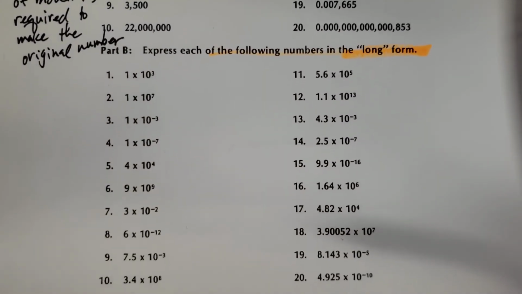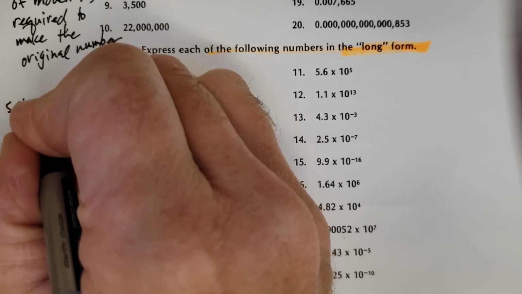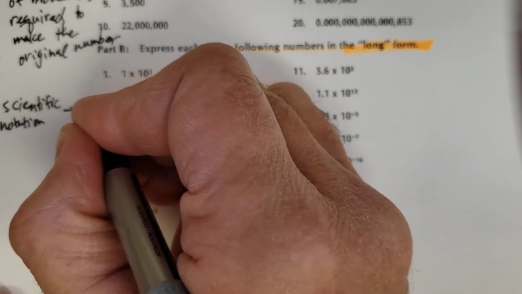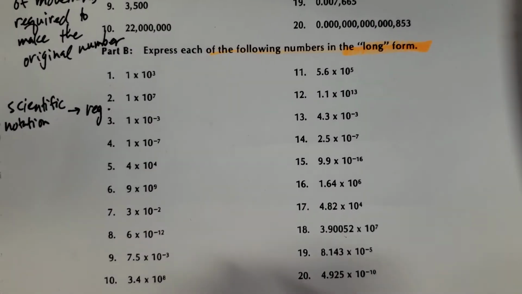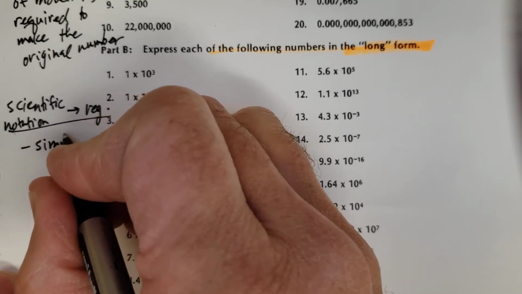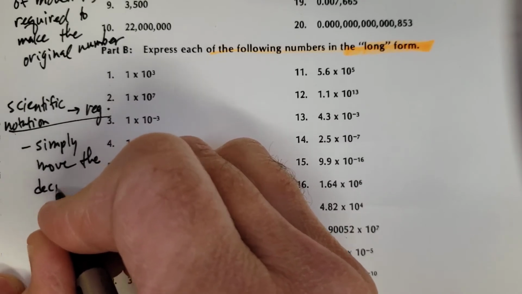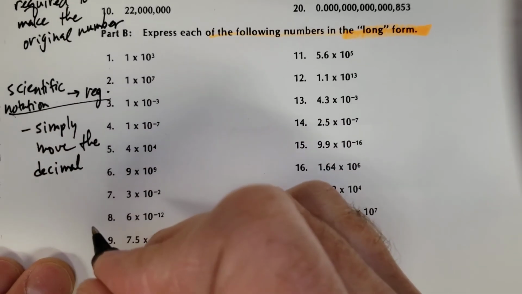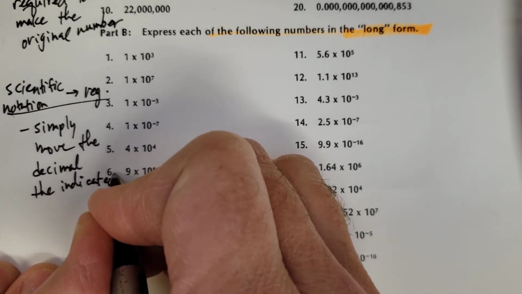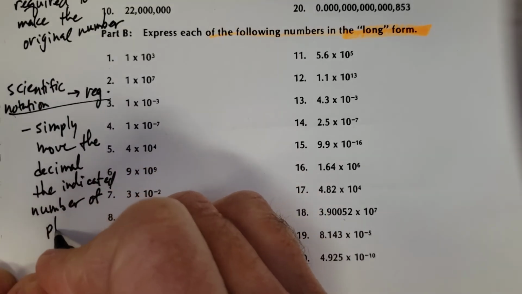If we look at the bottom part, doing vice versa, going from scientific notation to regular, it's very easy. All you have to do is simply move the decimal the indicated number of places.